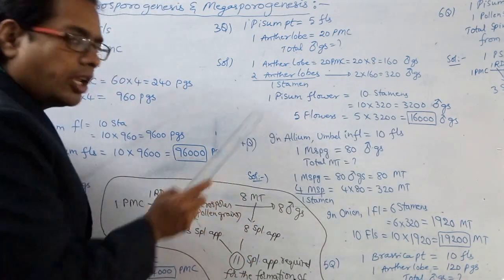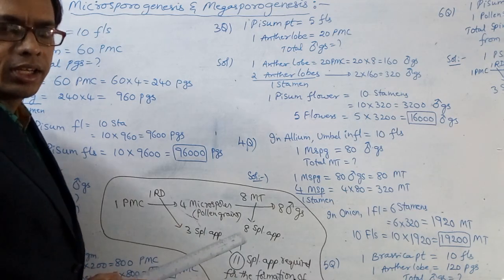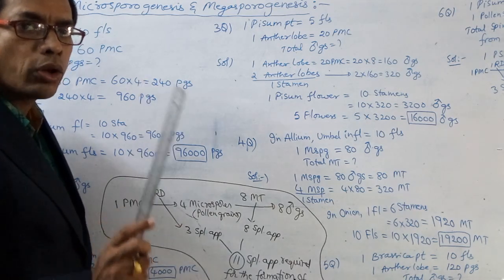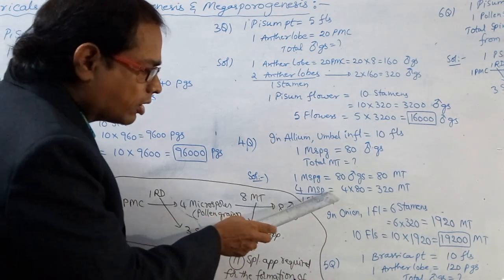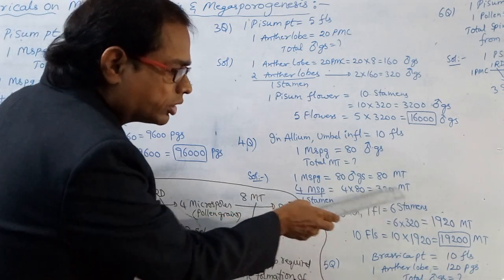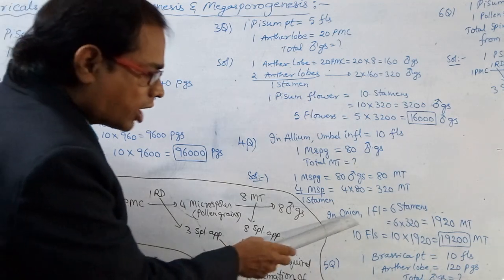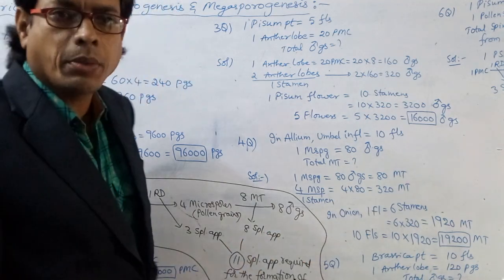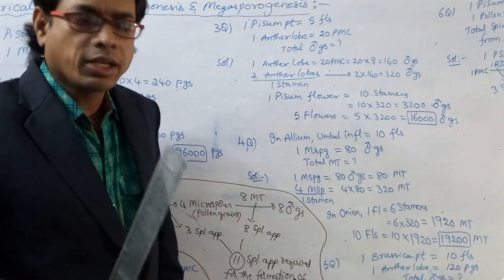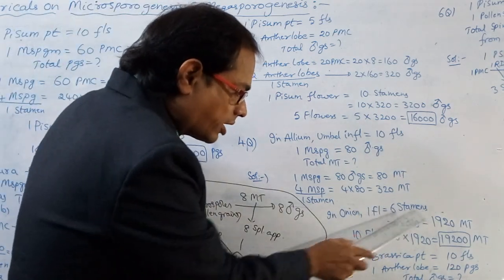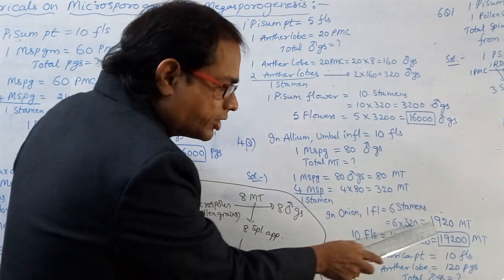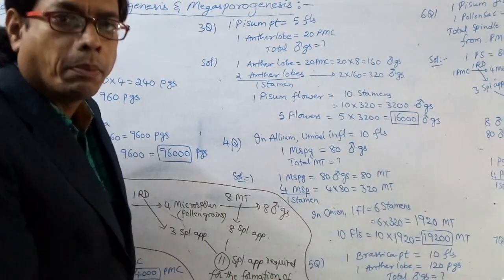Here Allium is dithecous. Dithecous means 4 microsporangia are present. For 4 microsporangia, that is for one stamen, 4 into 80, that is equal to 320 mitosis. In onion, how many stamens are present in one flower? In onion, 6 stamens are present. 6 into 320, that is equal to 1920 mitosis.